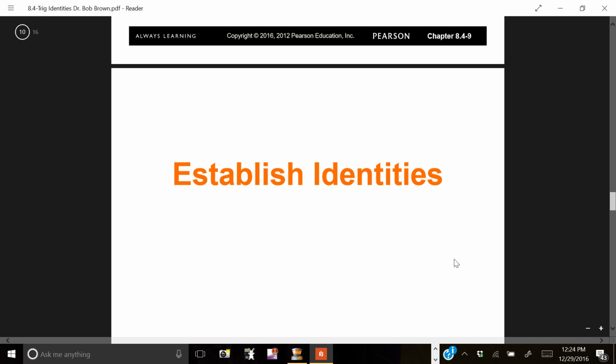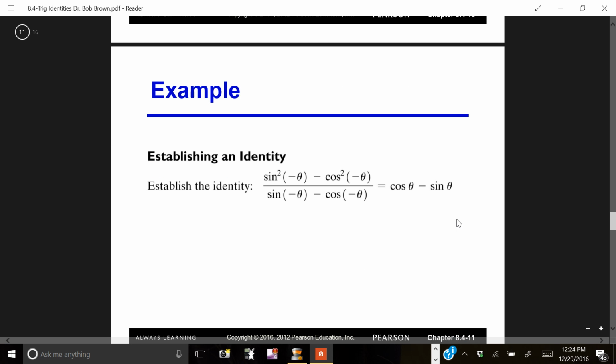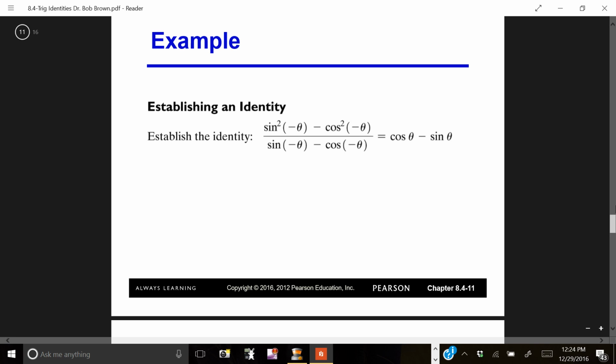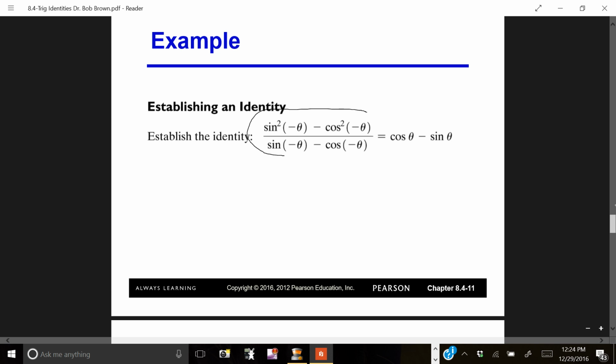Now, the next thing we want to look at is how to establish an identity. What we want to do is show that in this particular example, the left side of the equation equals the right side of the equation. And notice that there are no cosine of negative theta or sine of negative theta on this side.